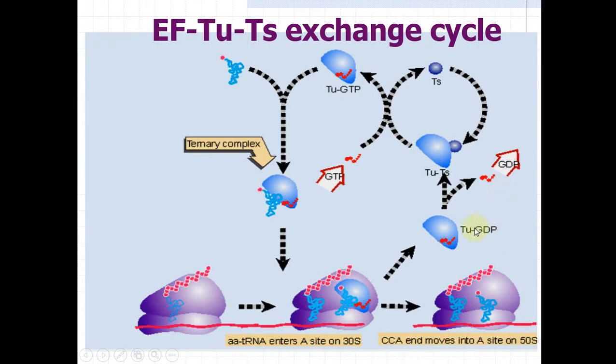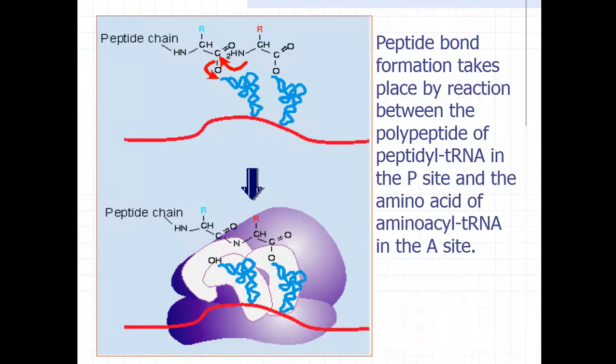This EF-Tu-GDP is exchanged with GTP by the EF-Ts molecule, and then it is active again to bring the next charged tRNA.